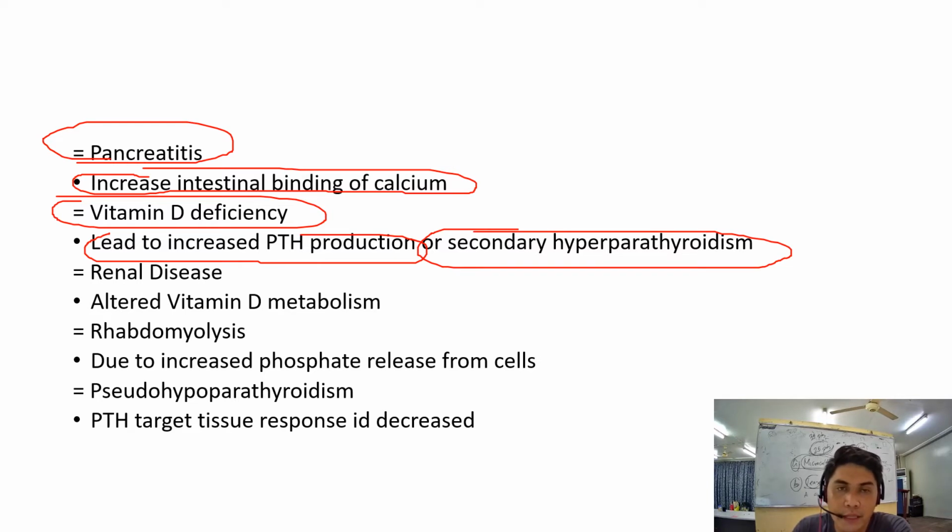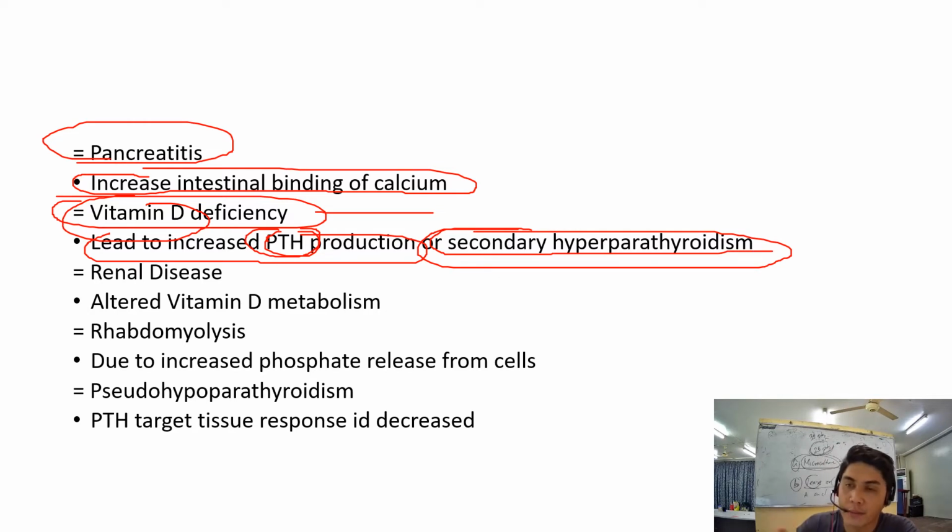So for vitamin D deficiency, remember that vitamin D is the second hormone that is important in increasing calcium concentration. So if there's a problem with vitamin D, the response of your body is to increase the PTH production. Okay, so there is an increase in PTH due to the decrease in vitamin D, and this is what we call secondary hyperparathyroidism.